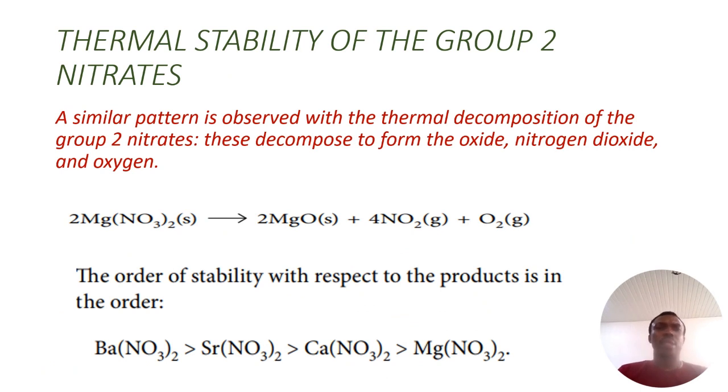So for the thermal stability of the group 2 nitrates, a similar pattern is observed with the thermal decomposition of the group 2 nitrates. But the difference is that this decomposes to form the oxide, nitrogen dioxide, and oxygen. So when the nitrates of group 2 decompose, they will form the oxide of the compound, they will form nitrogen dioxide, which is a brown gas, and they will form oxygen.